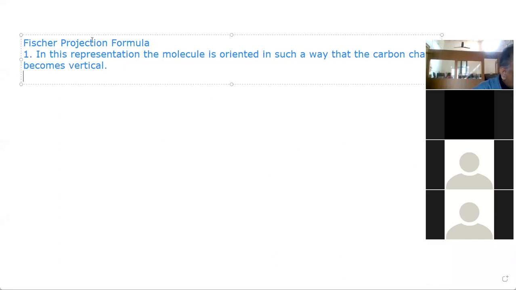Both ends of this chain go behind the plane. Behind the plane of the paper, they are shown by dotted lines.